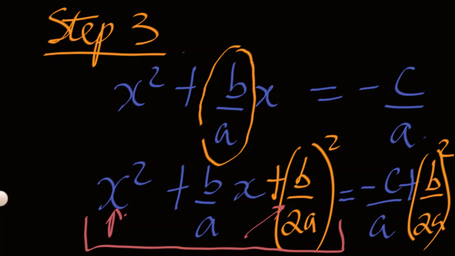We put them in one bracket, and we square that bracket. On the right-hand side, we do some algebra and simplify what we have. If they were ordinary numbers, we would just punch them into our calculator and get the value. But in this case, we're simply going to do some simple algebra and evaluate the right-hand side. So let's move on to step number 4.